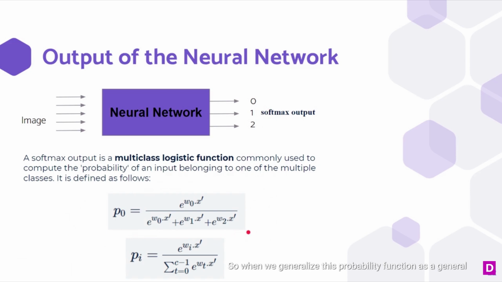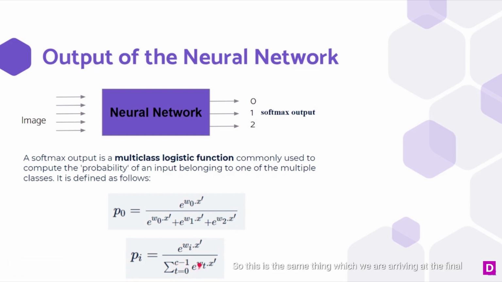So when we generalize this probability function as a general rule, irrespective of the number of classes, it will look like pi, where i represents the probability of a particular class, equals e to the power of wi, for that class, into x dash, divided by the summation over t equals 0 to c minus 1, where c represents the number of classes, of e to the power of wt into x dash.